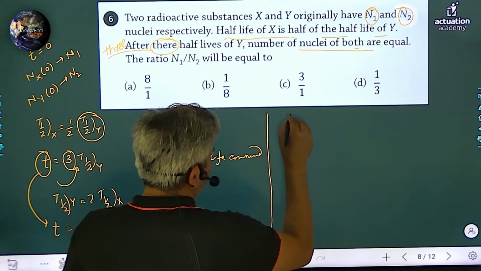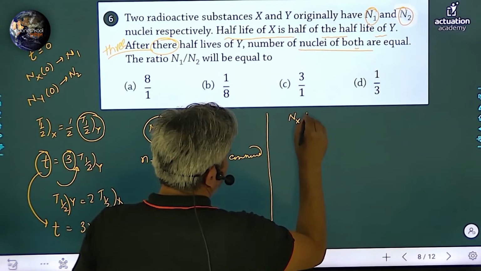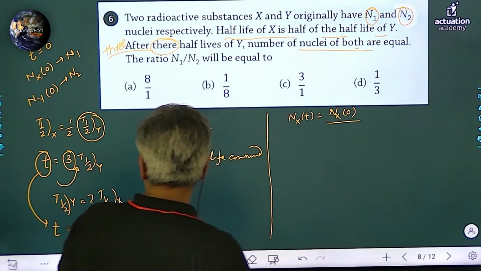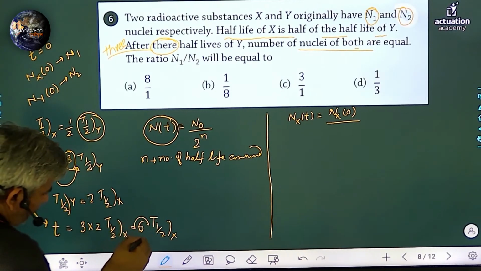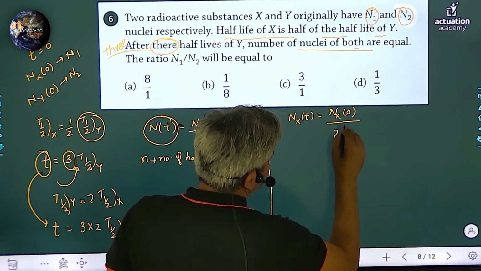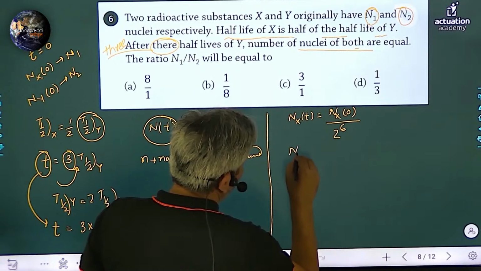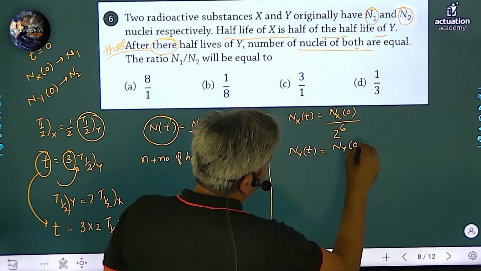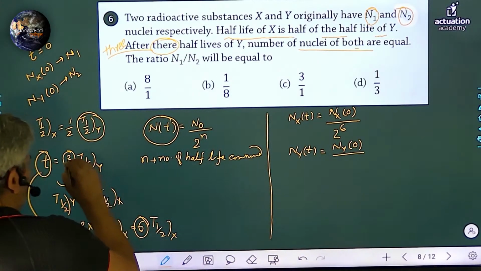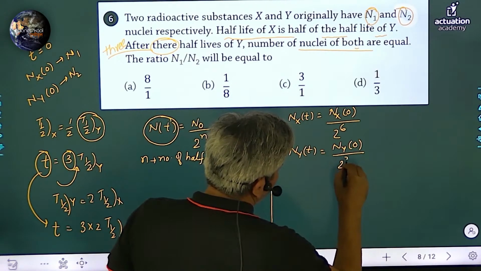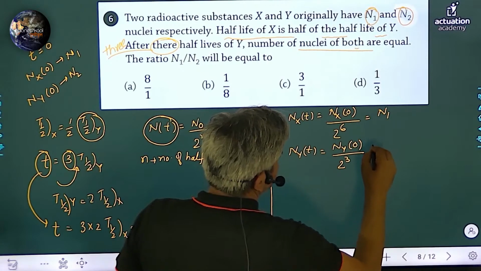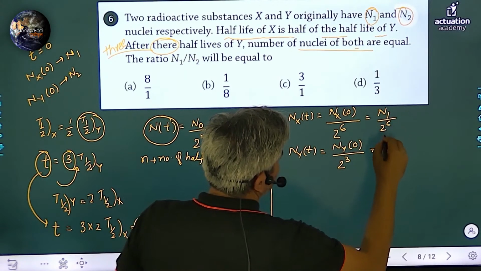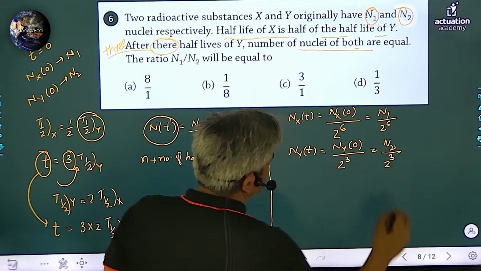So simply we can write that nX at t is nX at 0 divided by 2 raised to power n, where n is the number of half-lives consumed, which is 2 raised to power 6, and nY at t is nY at 0 divided by 2 raised to power 3. This is n1 divided by 2 raised to power 6, and this is n2 divided by 2 raised to power 3.